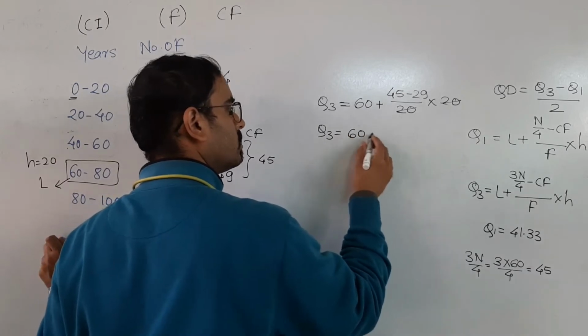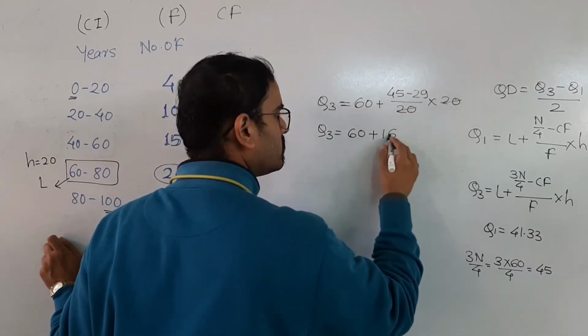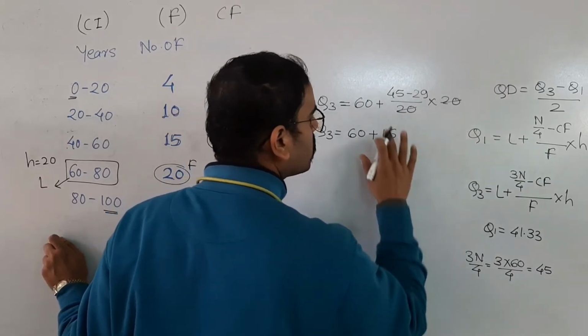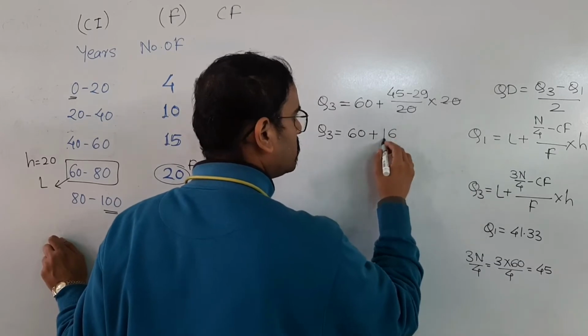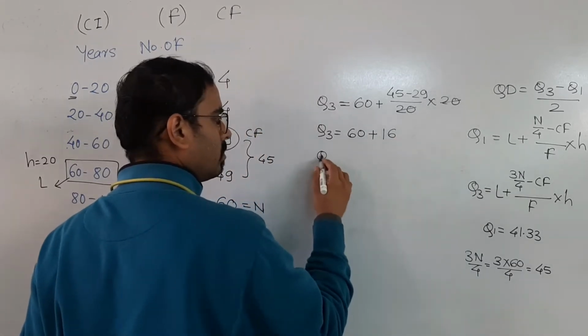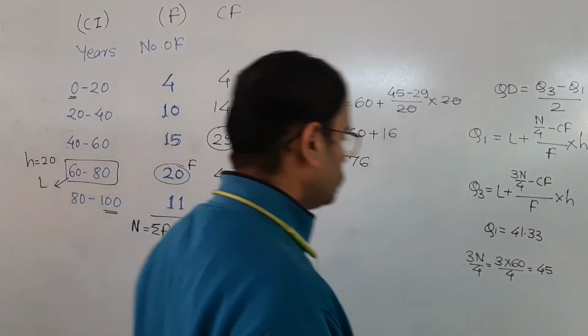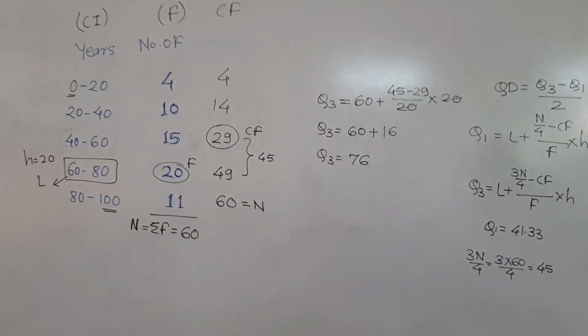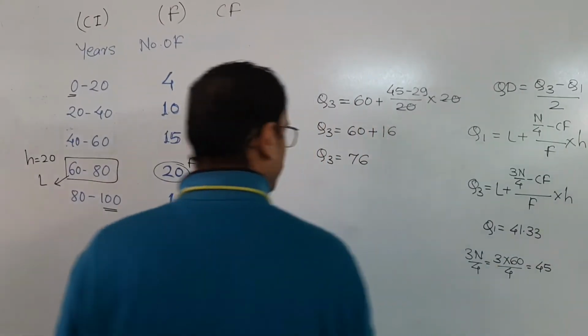Q3 is 60 plus, calculate, that will be 16, isn't it? Sorry. Yes, of course, 16. So Q3 will be 76. Just verify whether I have solved it rightly. 76 is the right answer. So we got Q3.